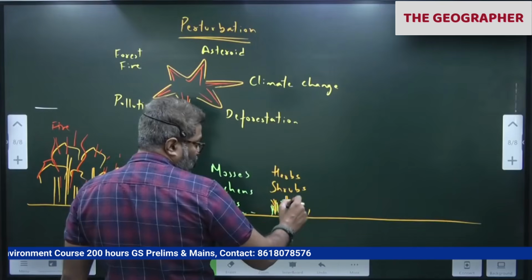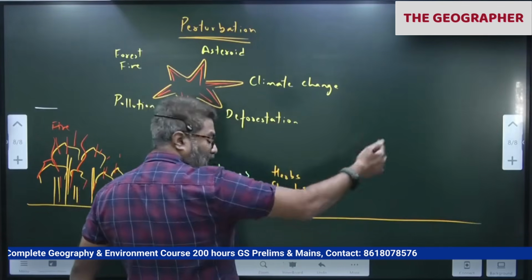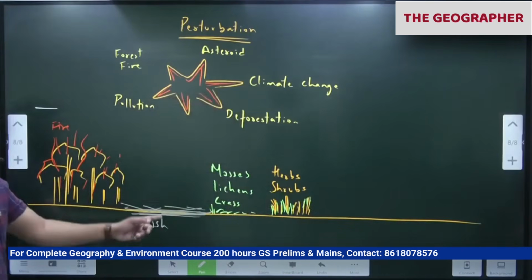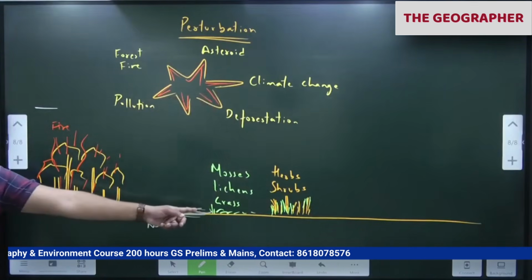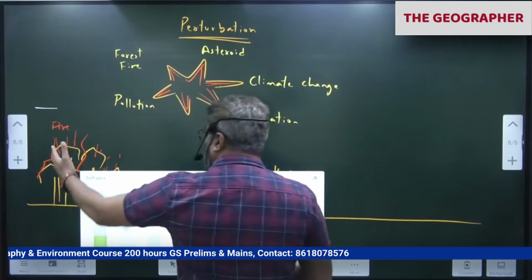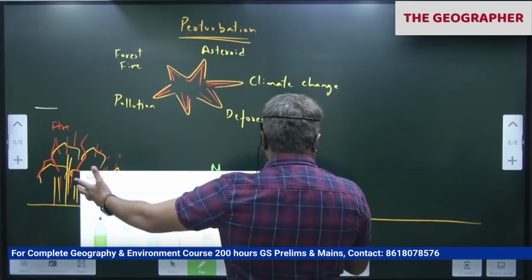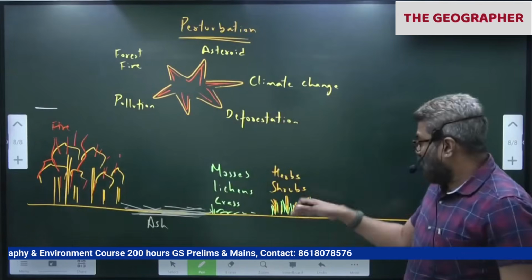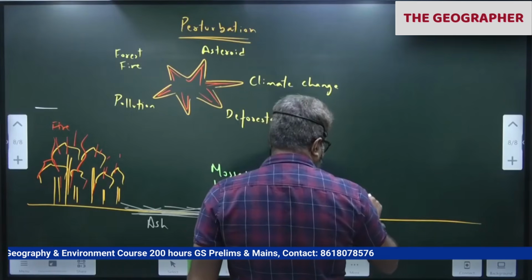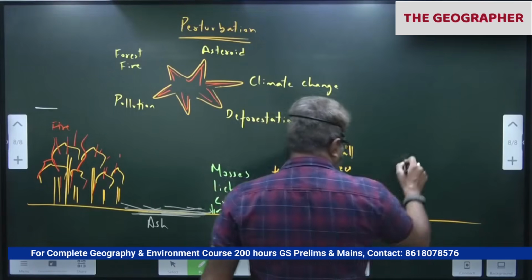Remember shrubs? Slowly they start growing now. Why? Because there are already sufficient nutrients available, since during the forest fire everything was lost. So again now trees, small trees, then finally large trees.